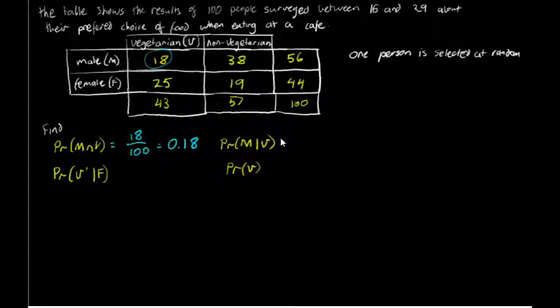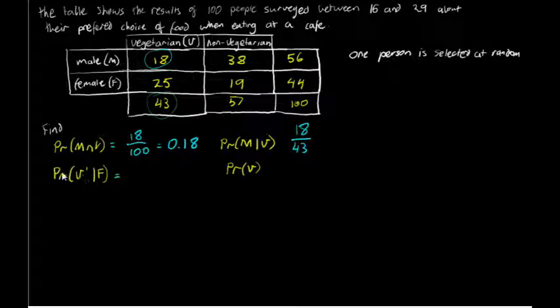The "given that" means it changes from the 100 to just this part, so really we're comparing the males and females. It's out of the total, which is now 43, because that's the only column that has vegetarians, and we're after our event, which is the males.